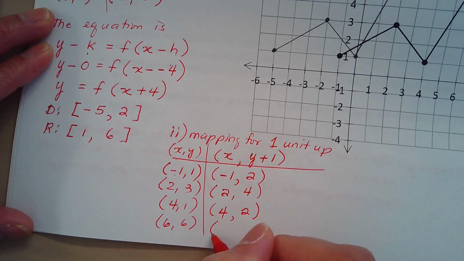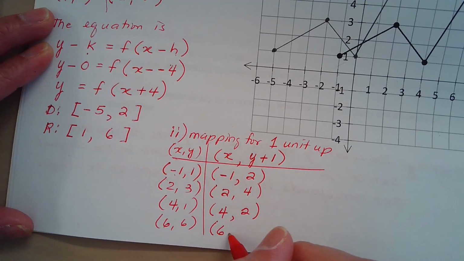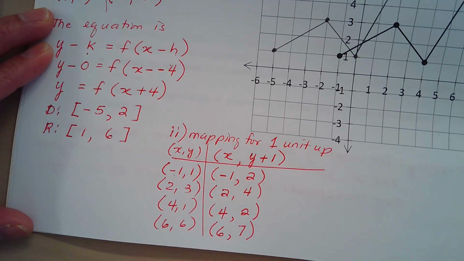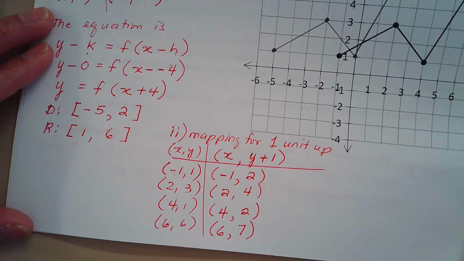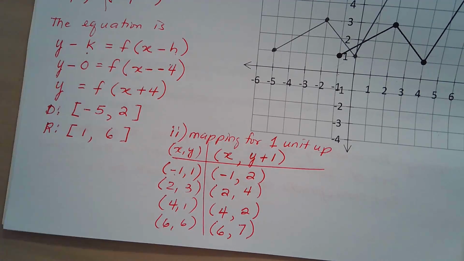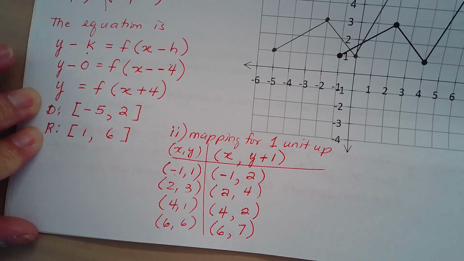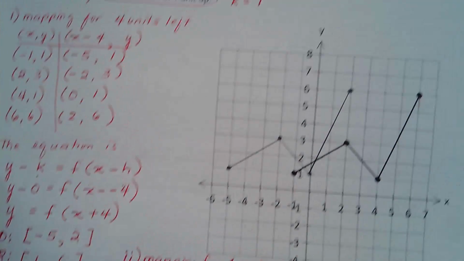And then the 6, 6 is now 6, 7. Okay? So 6, 7. Good? Okay, now let's go over here.